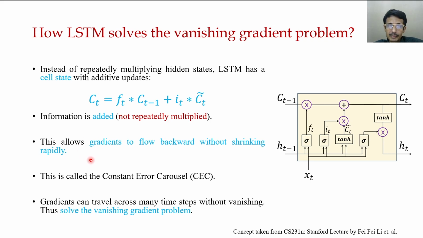This is not exactly, but very similar to the skip connection that we discussed in the case of ResNet. Some analogy, somewhat similar. Okay, so this is the way LSTM solves the vanishing gradient problem.